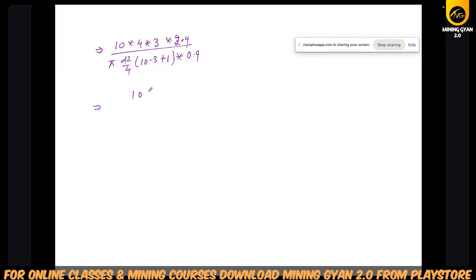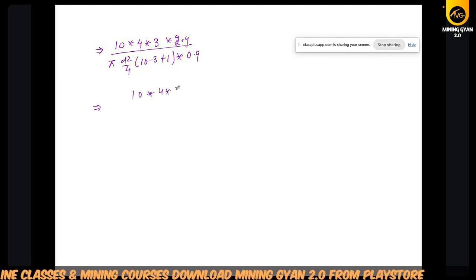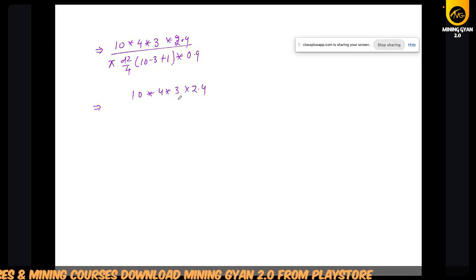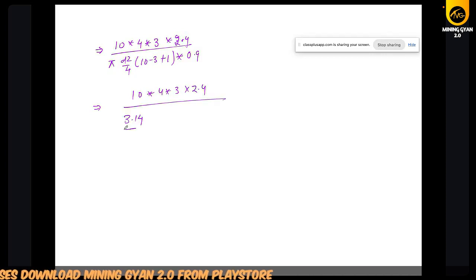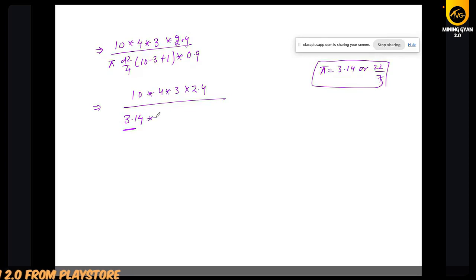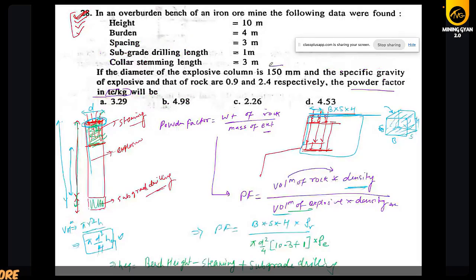So when you put the values 10, 4, 3, multiply 2.4, divided by pi, whose value is 3.14. You should remember the pi value, 3.14 or 22 by 7. Diameter is given as 150 mm.